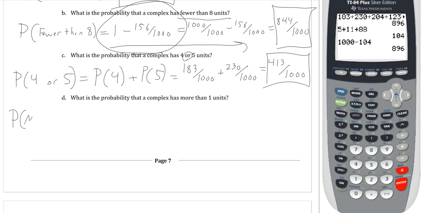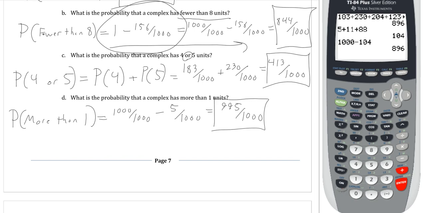Probability of more than 1 would be 1,000 out of 1,000, or 1, minus the only values that don't work, which would be the 5 out of 1,000. That would be how many have 1 unit. 1,000 minus 5 is 995 out of 1,000. In that case, complements are definitely preferred to solve that problem. You can probably do that without a calculator at all. That's how much preferred it is.